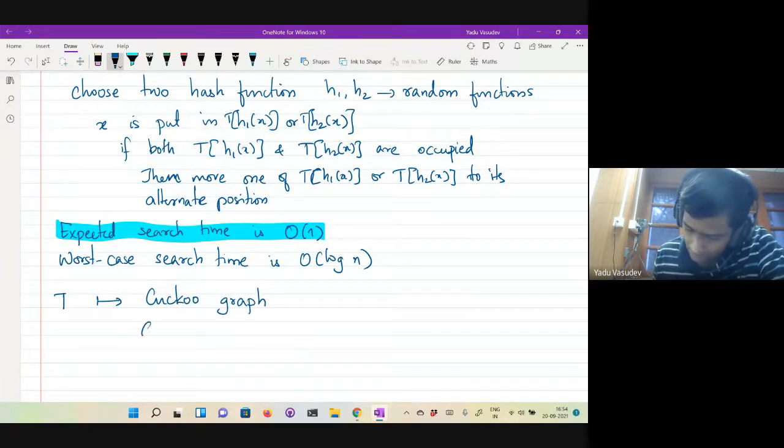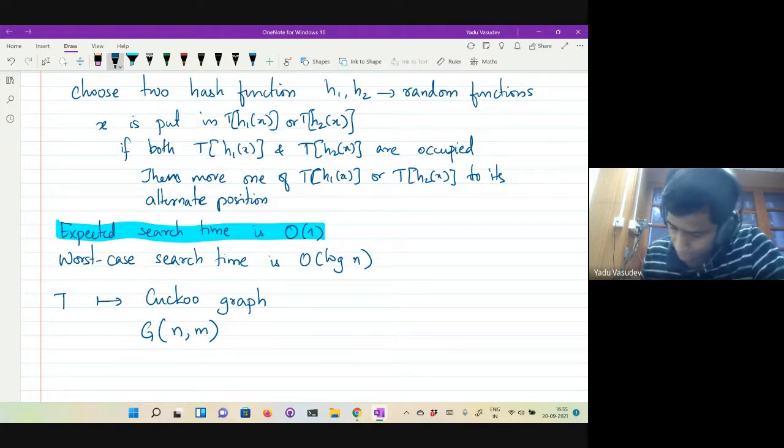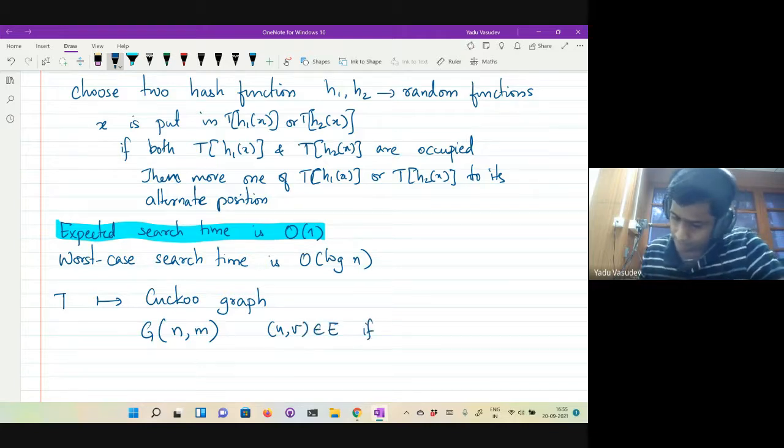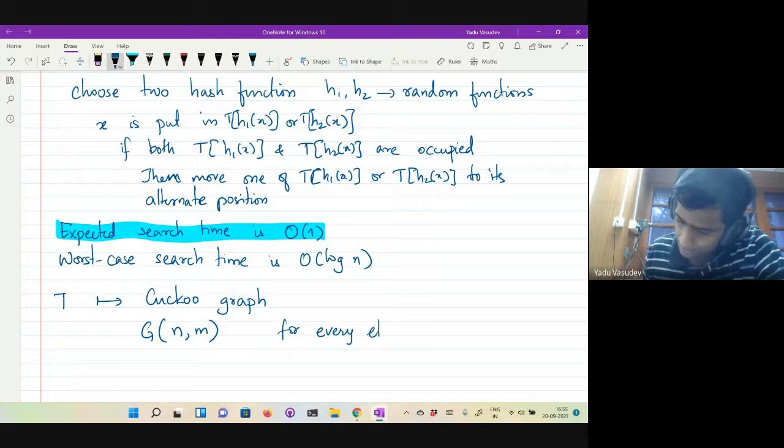So it's a graph G on n vertices and m edges, where for every element x, you put the edge (h1(x), h2(x)) in the graph.